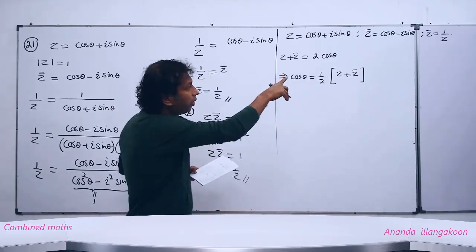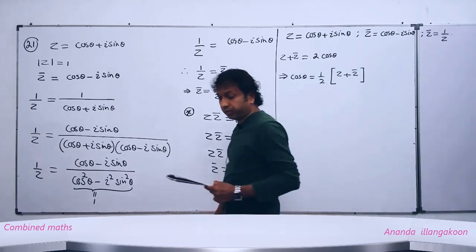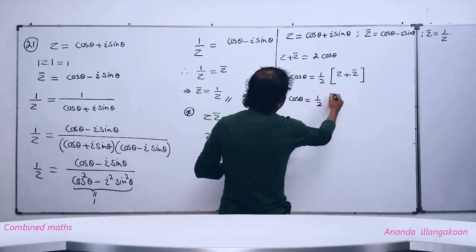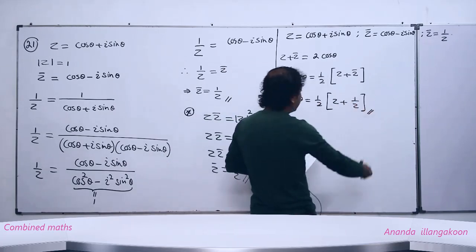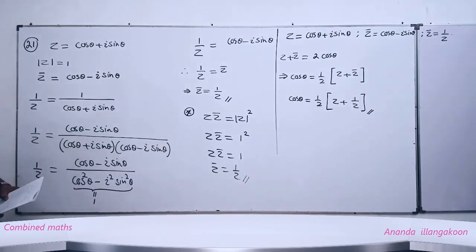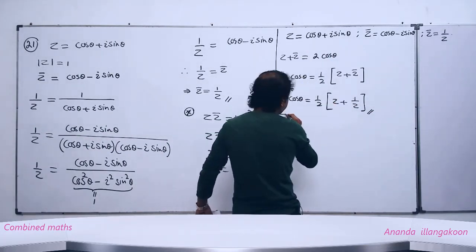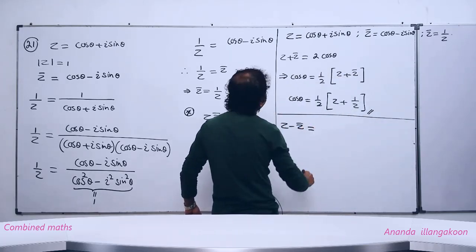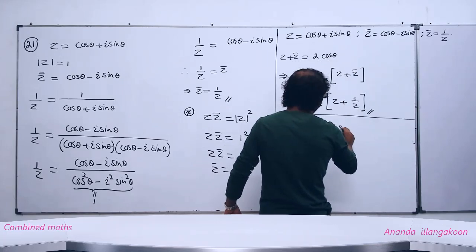But z bar, we proved here itself, is 1 upon z. So cos theta is half of z plus 1 upon z. That answer is okay. And secondly, we'll take z minus z bar. Here the cos theta terms cancel down, leaving 2i sin theta.